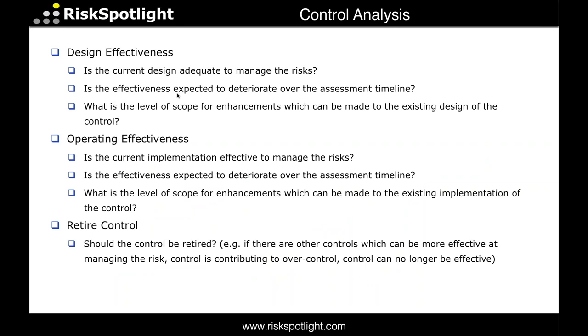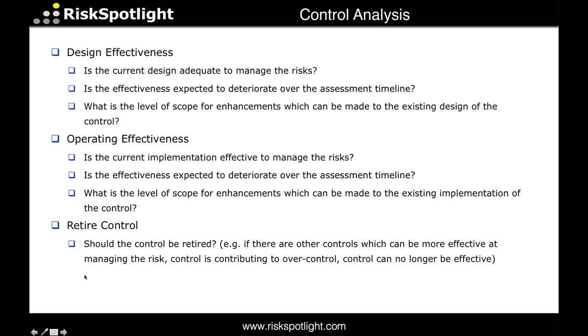In terms of looking at the controls, to look at the residual risk, you may have to go and look at all the controls you have in place. Again, something I've seen is organizations typically assess the design of the controls, and assess the operating effectiveness of the control.